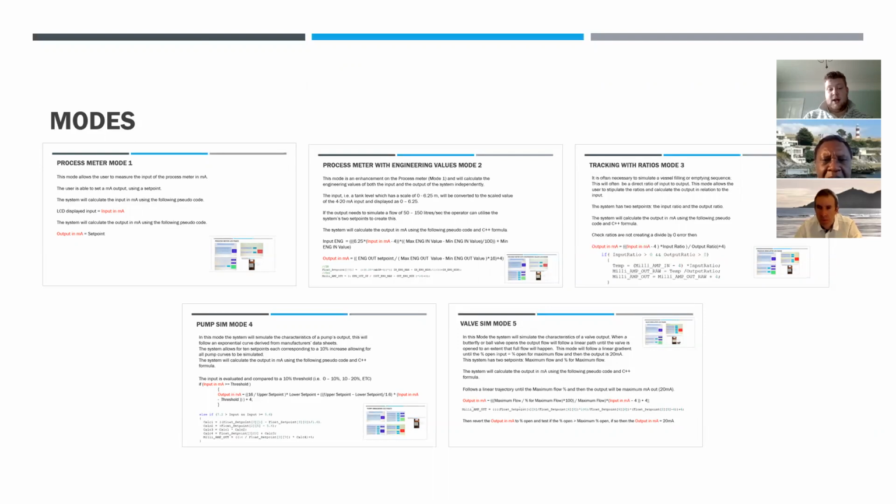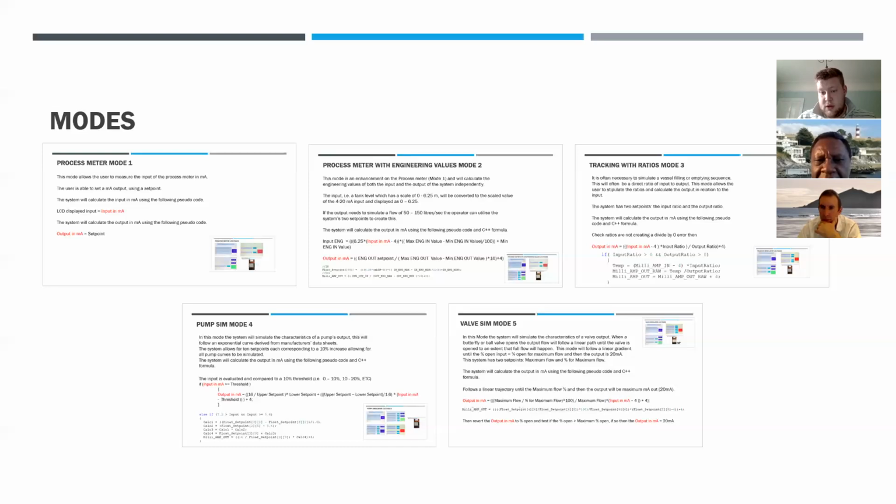Pump simulation, the user puts in a pumping curve, which is normally found from the manufacturer's data sheets, into the system, and then the system will print that out on the screen. So if the programmer would like the output of the pump to come in at, say, 50% flow, this outputs that pump that they've got at 50% flow. And then a valve simulator simulates a valve turning on and off.